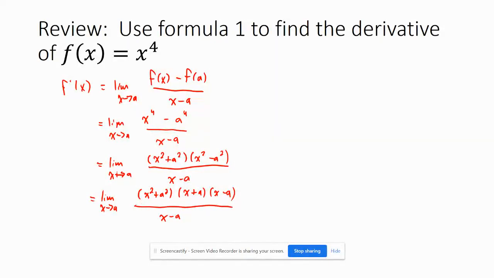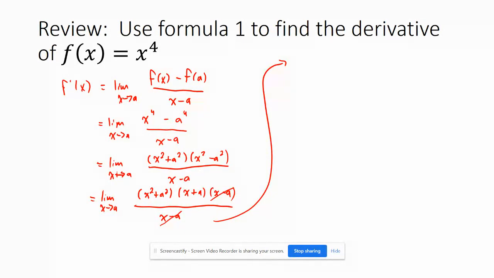All right, so we have this guy fully factored, and we have an x minus a in the top and the bottom, and these guys are going to be able to cancel out, okay? So again, the whole premise behind Formula 1 is you want to be able to cancel out the x minus a in the bottom and then be able to substitute your value in.